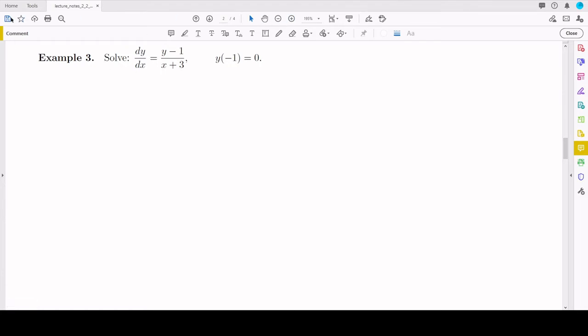The first thing to note here is that we do have a separable equation because we can write (y minus 1) over (x plus 3) as 1 over (x plus 3) times (y minus 1) over 1. So we have g of x times p of y as our function.